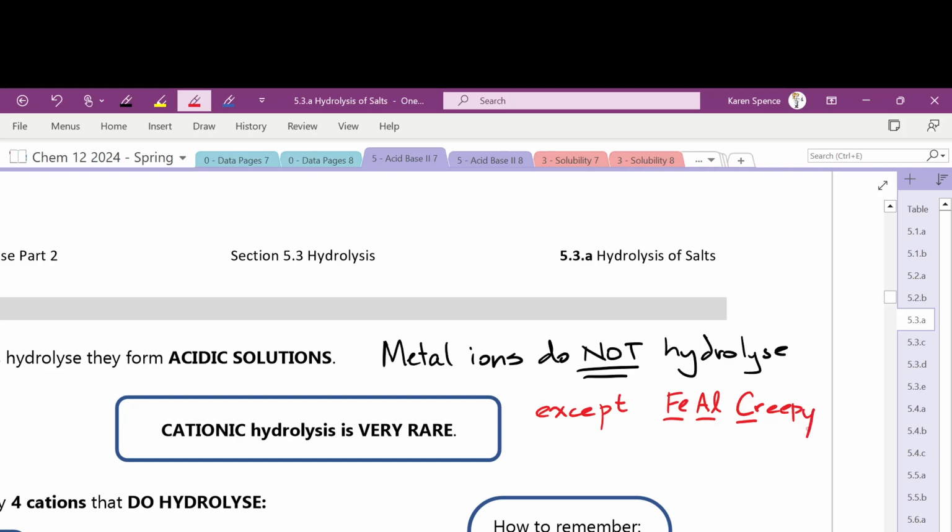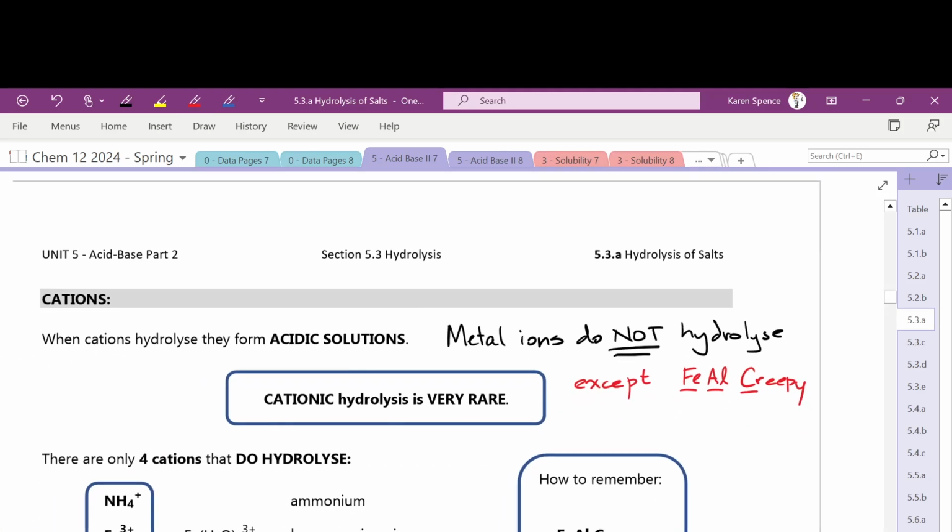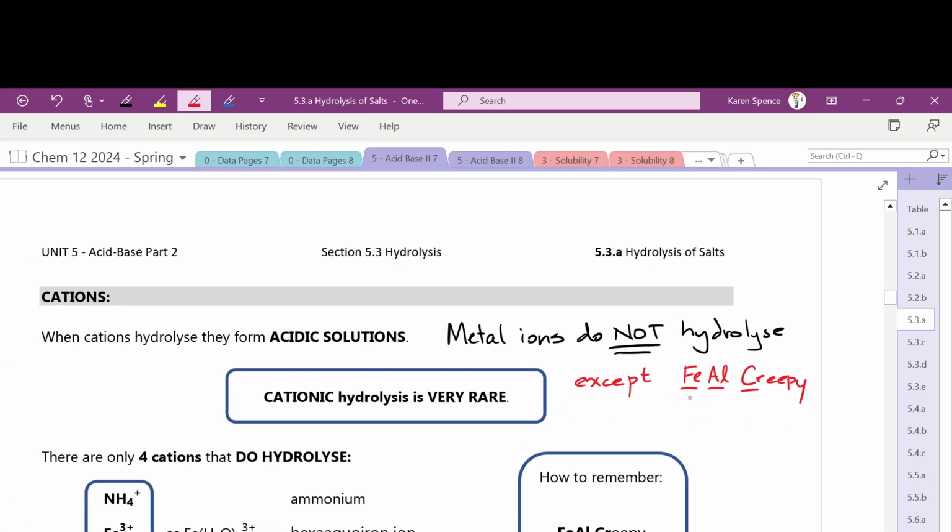Okay, iron, aluminum, chromium. So most of the time you can just look at it and go, oh, I've got a metal, no hydrolysis, done. However, if you do have Fe, Al, or Cr, you can get hydrolysis. And the other one that hydrolyzes is ammonium.